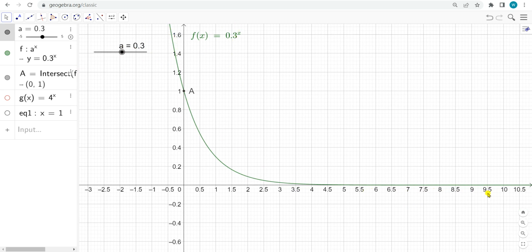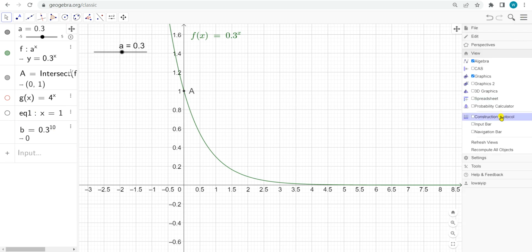So try to look at the number 0.3 to the power 10. That means you are multiplying 0.3 ten times, something like this. Then you may find, oh, it's very close to 0, right? But actually, you will know that it is greater than 0.